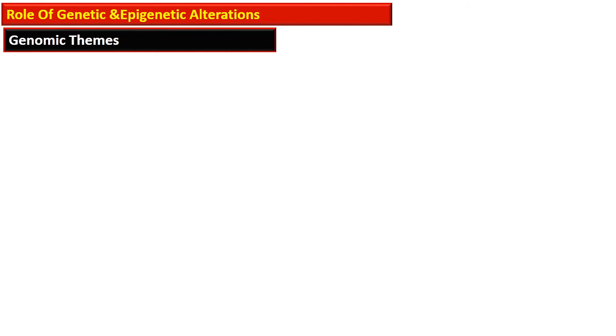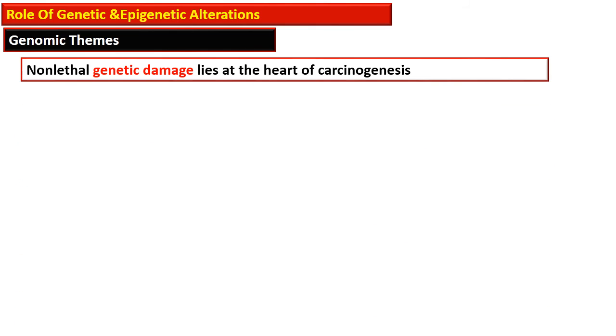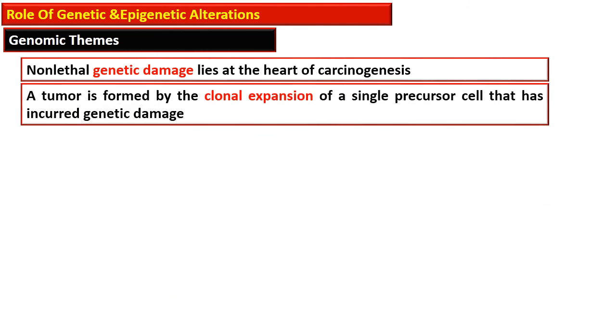There is a definitive role of genetic and epigenetic alterations in the development of cancer. This conclusion is made possible due to advanced DNA sequencing and other technologies. Some genetic themes have evolved due to these advancements in reading the body's building blocks. These themes are that non-lethal genetic damage lies at the heart of carcinogenesis.